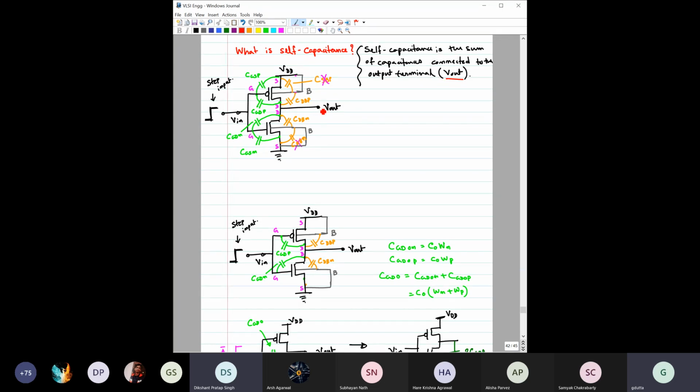One terminal is connected with V out, and the other terminal is connected with the DC or ground, meaning basically a fixed voltage. That is the reason why we are considering these as associated capacitors with this V out.